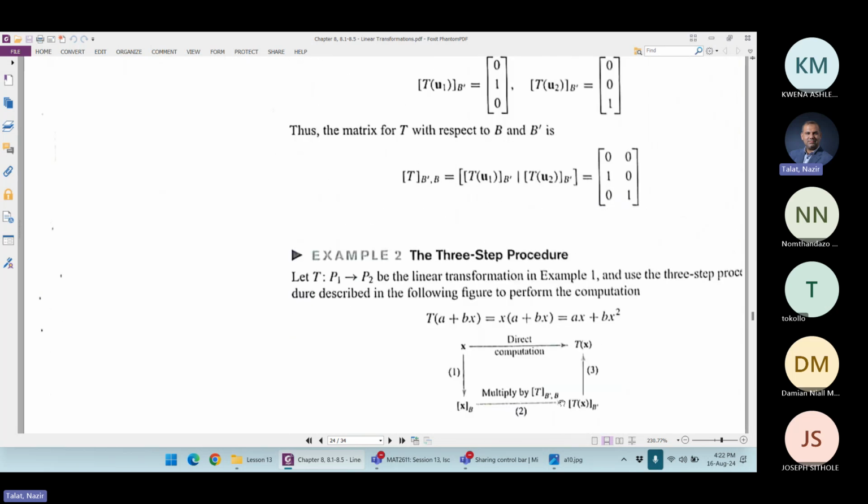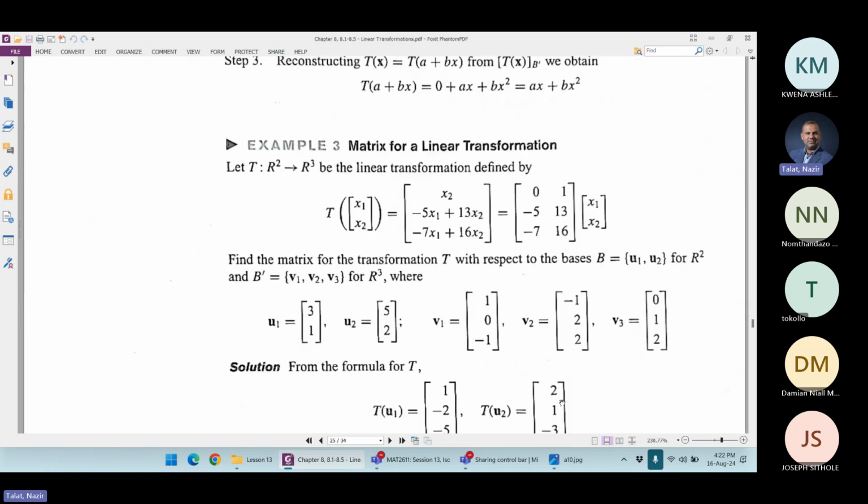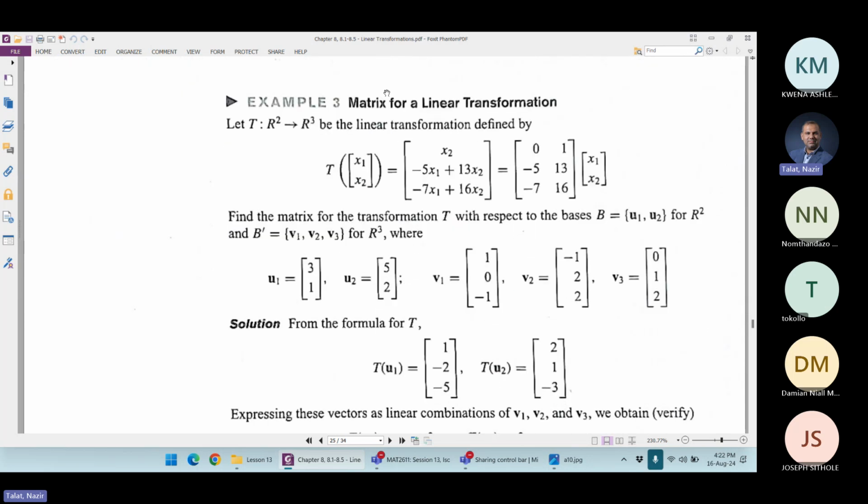Similarly, one can obtain some other examples regarding that one. For instance, T is a linear transformation where there is a standard matrix available for the linear transformation.